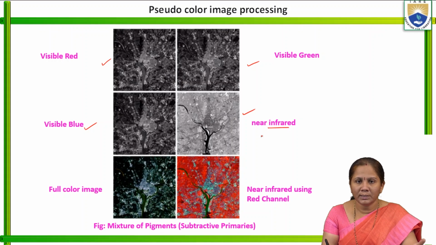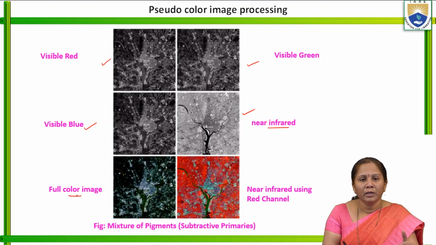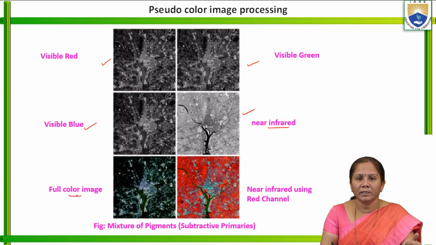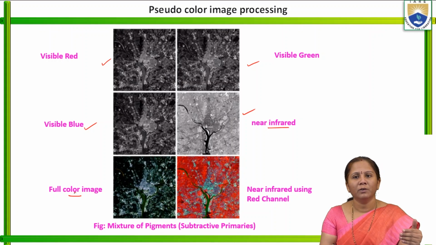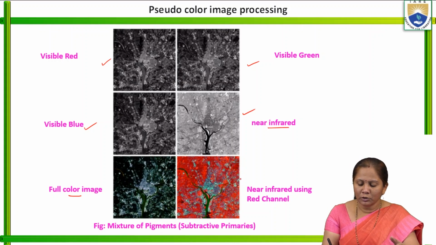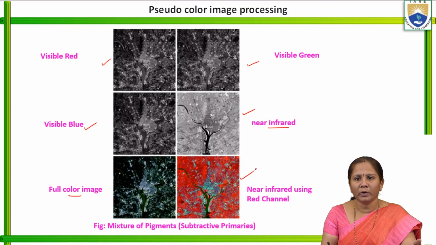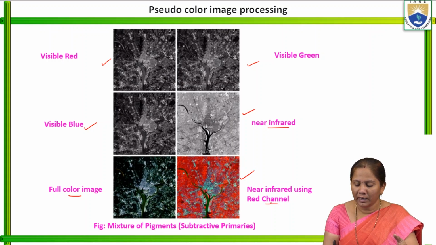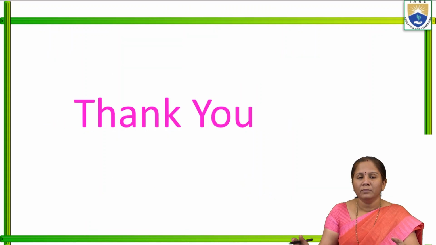After the transformation is done, it allots colors to the image, which we call a full color image. This is also one type of color image, but it has dominant red and is near infrared using the red channel. So this is pseudo color processing using intensity slicing or gray level to color image processing.